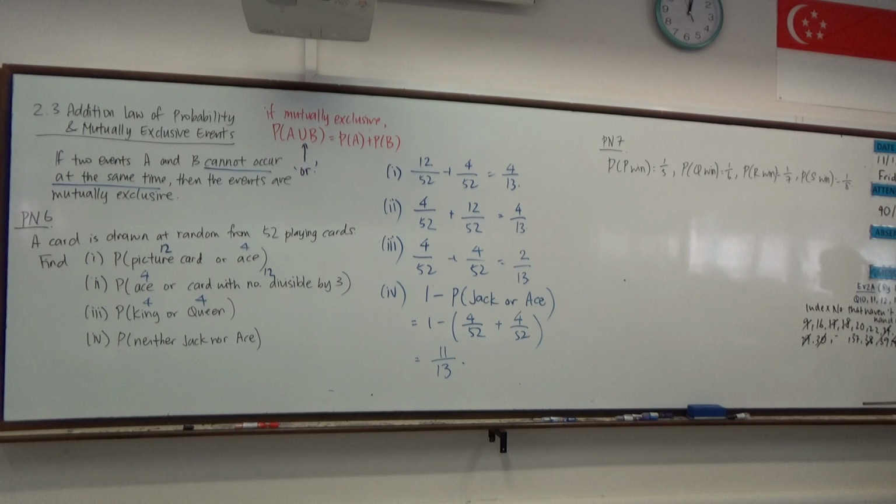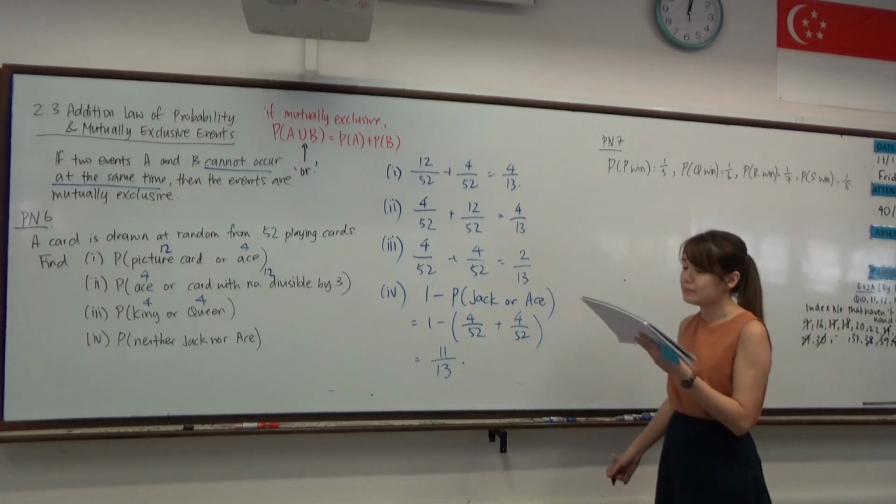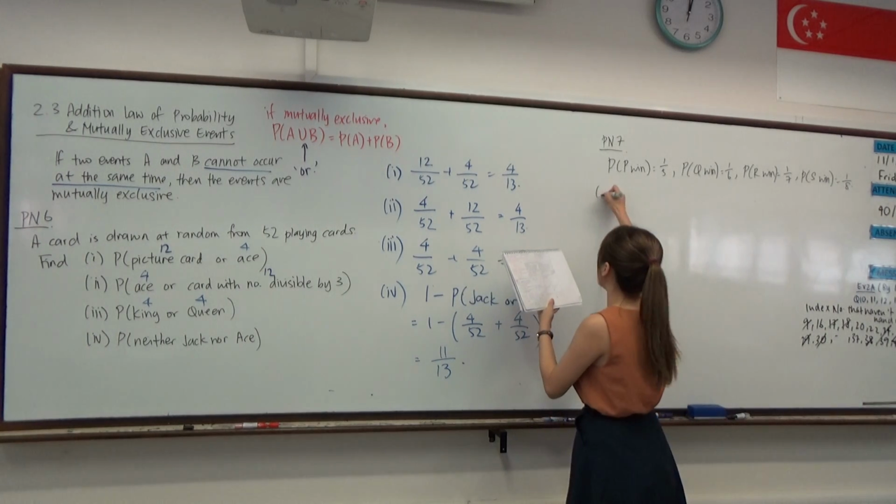Assuming that only one team can win the championship, we want to find the probability that either P or Q wins.